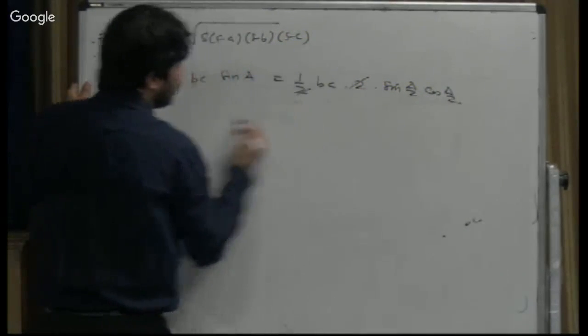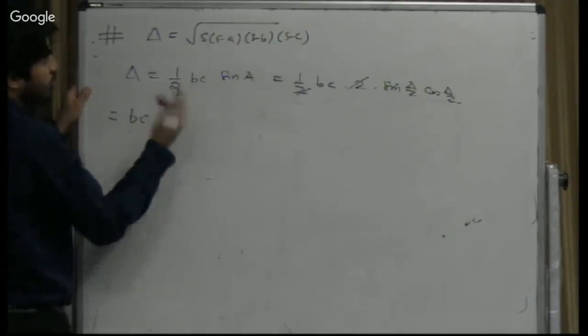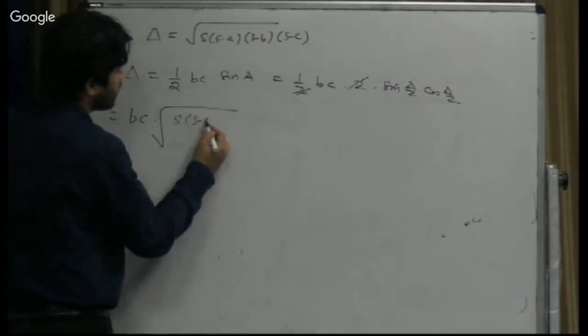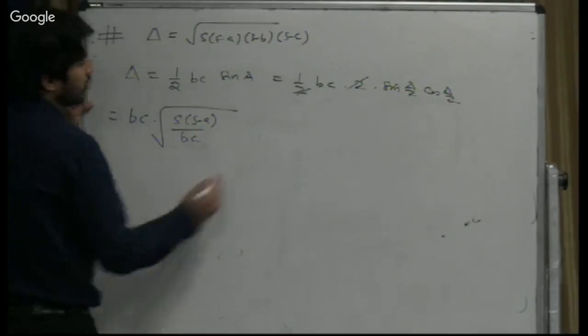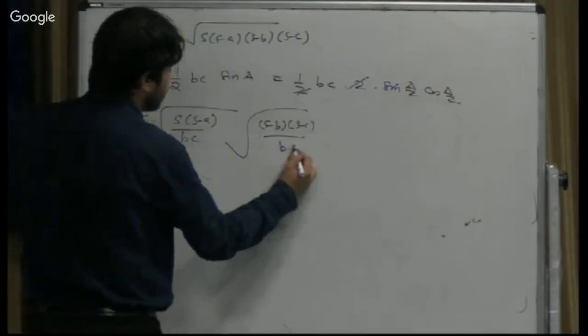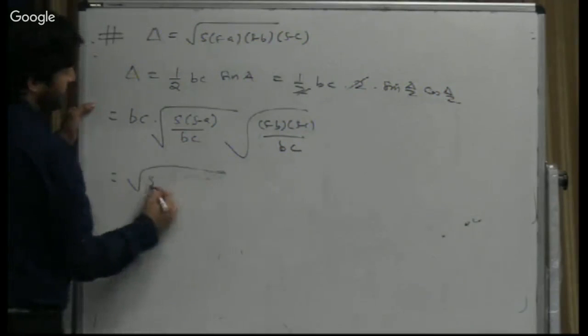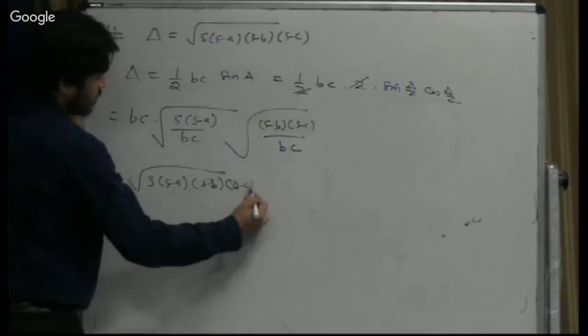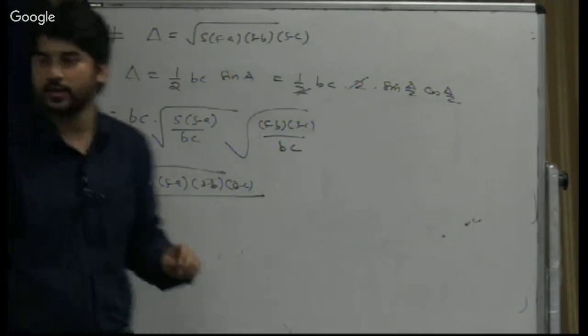So bc into, what was sine A by 2? Under root S into S minus A by BC, and under root S minus B into S minus C by BC. So basically I'm left with under root S into S minus A into S minus B into S minus C. Done. Okay?